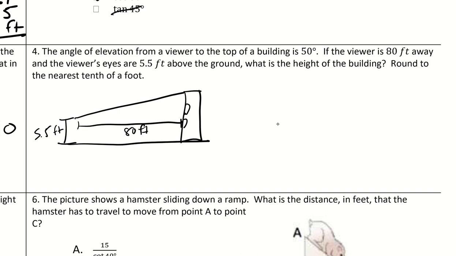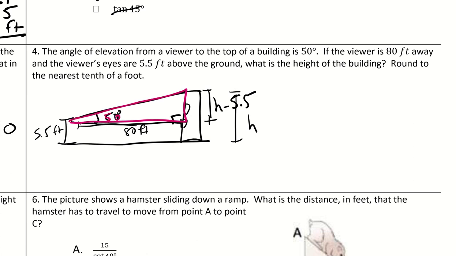The viewer is 80 feet away and the viewer's height is 5.5. So what is the height of the building? And it says the angle of elevation is 50 degrees. And this is a right triangle. So if I just focus on this right triangle, if the height of the building is H, then this is H minus their height, H minus 5.5. So I'm just going to focus on this triangle.